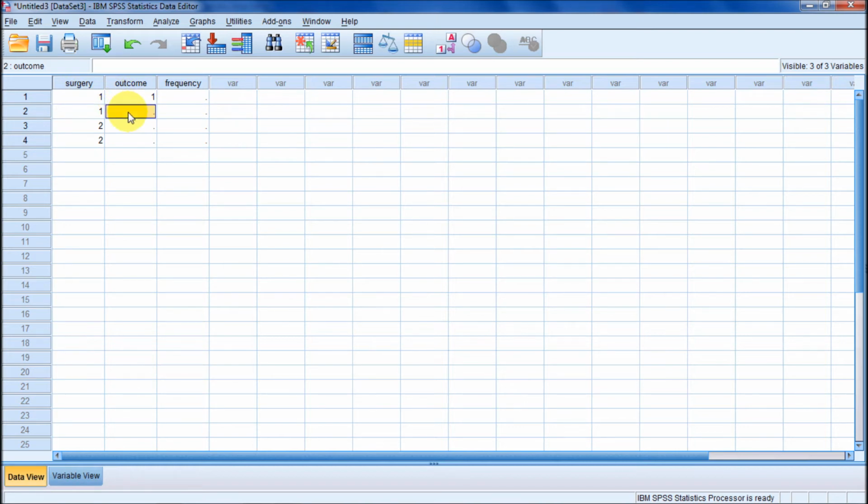They had an atherectomy and they died. They got balloon angioplasty and they lived, a 1. They got balloon angioplasty and they died, a 2. So notice we've got 4 different groups. We've got a cell that is 1, 1, a cell that is 1, 2, a cell that is 2, 1, and a cell that is 2, 2.